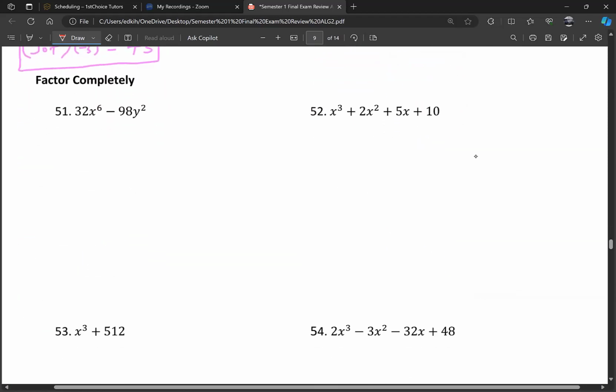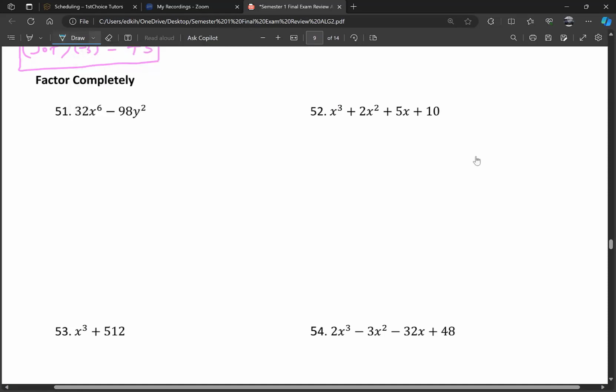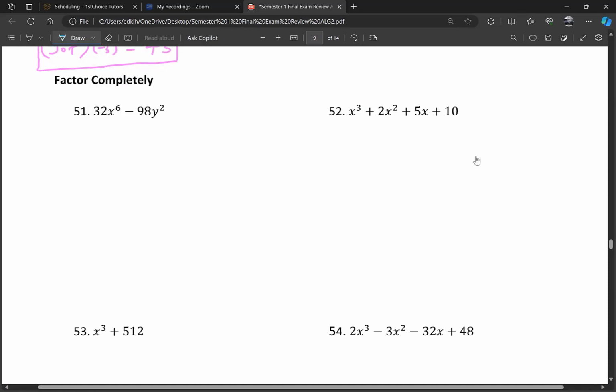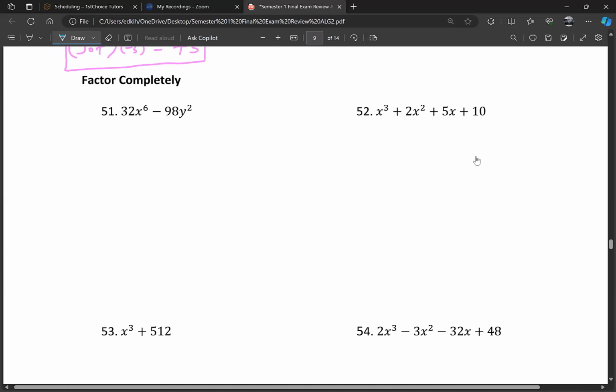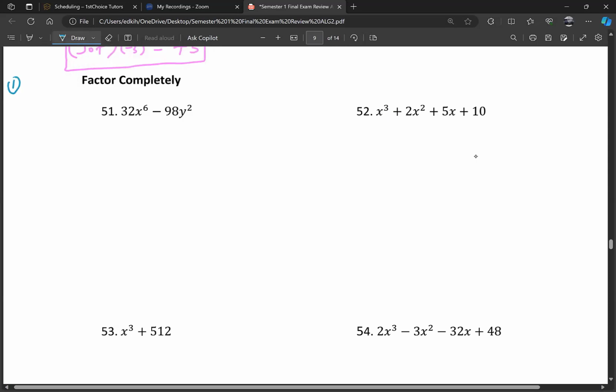Okay, now we enter into factoring, another exciting type of problem that we've been working on. There are so many methods of factoring, but folks, I know you're tired of hearing me say this: the first and most important and the most basic form of factoring is looking for the GCF.